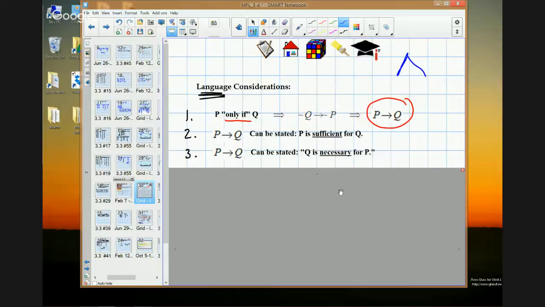And by the way, necessary, another term, should be highlighted in your notebooks. So these are just kind of facts I'm giving you that'll come up periodically when you're looking at an assignment. You'll see the word sufficient.